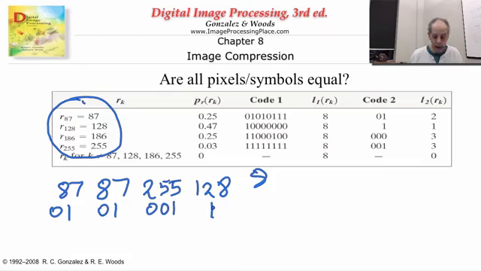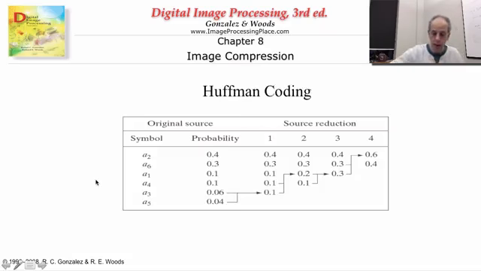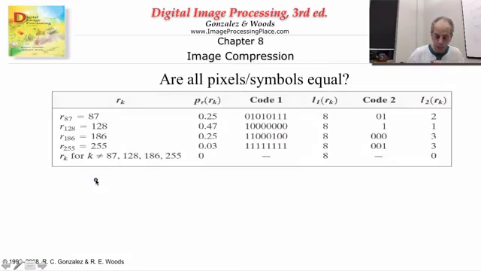We do a very simple computation. With probability 0.25, I'm going to have a code of length 2. That's my code, 01.